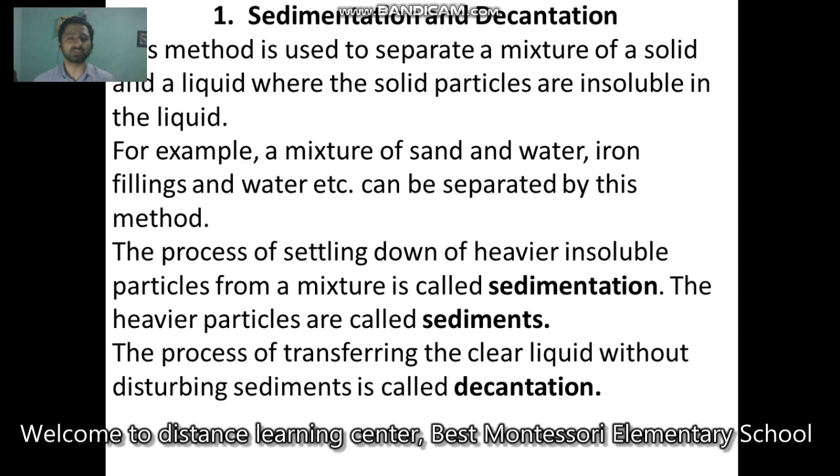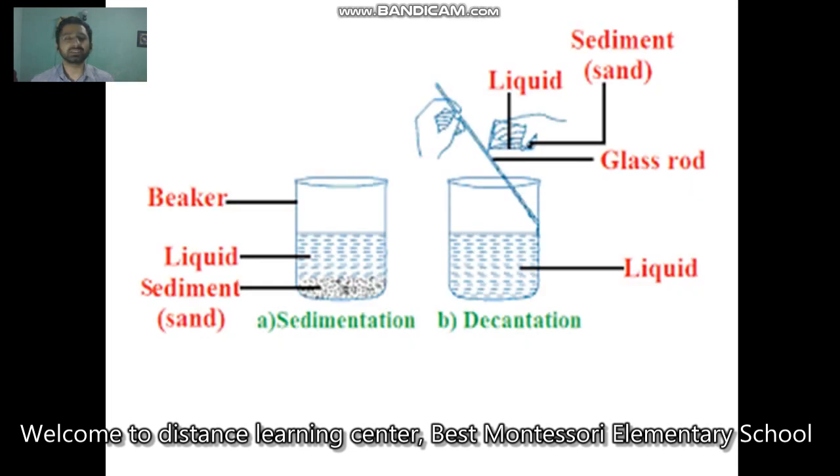Let's move on to the first one, that is sedimentation and decantation. Now, what is sedimentation? I'll explain this through a figure. If there is a mixture of an insoluble solid in a liquid, then when we keep that mixture for a few minutes, the solid particles settle at the bottom. That is called sedimentation.